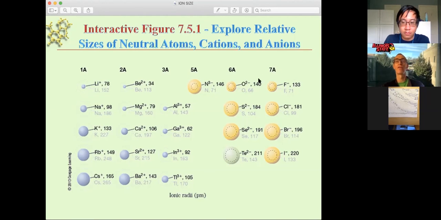And so as a result, fluoride is smaller than nitride. So as we go from nitride to oxide to fluoride, the ions get smaller. Likewise, sulfide is slightly bigger than chloride because there's an extra proton pulling those electrons in. And the same with selenide and bromide. So thinking about what goes on in the nucleus and the number of protons will help you understand what's going on with the ion size as well.